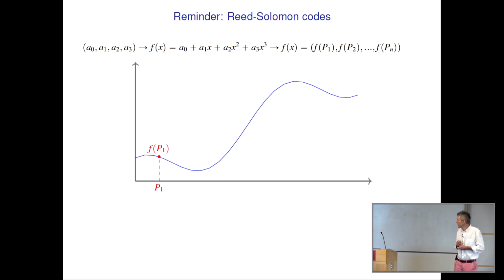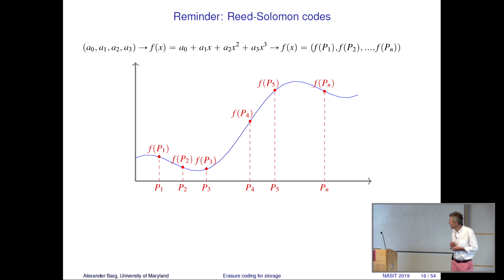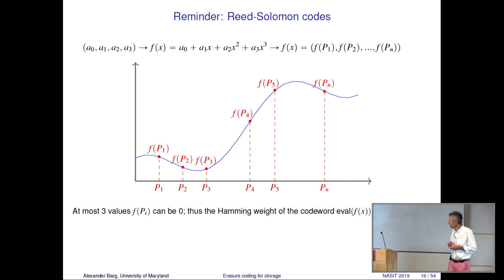And we evaluate f at p1, p2, up to pn, and those evaluations, an n-tuple of elements of the field, form the Reed-Solomon code word that is associated to the symbols of the data. In the background, there is a choice of the p's. How do we choose them? Well, in a suitable way to be discussed, to be mentioned as needed. So that's the Reed-Solomon code.